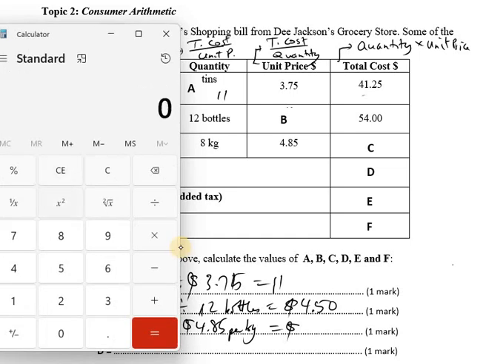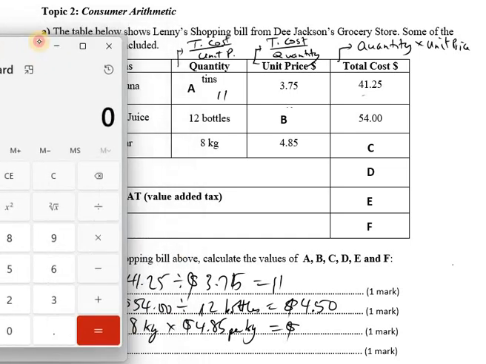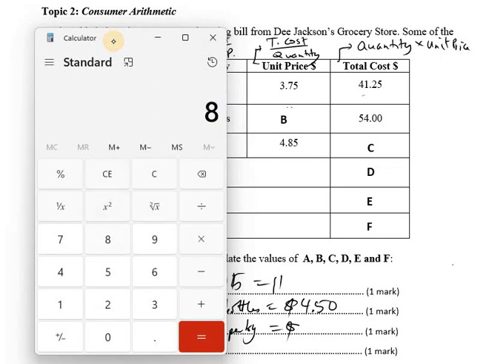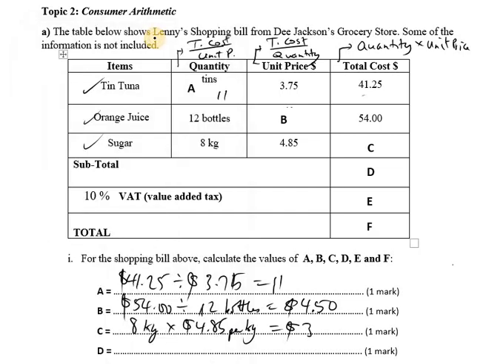So it's going to be 8 multiplied by 4.85. That's 38.8. So that's $38. Now we have a 0.8. We have to put a 0 at the end because we want 2 decimal places. So it's 80 cents. All right, so right here should be $38.80.